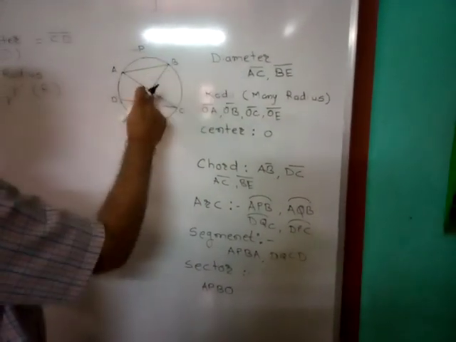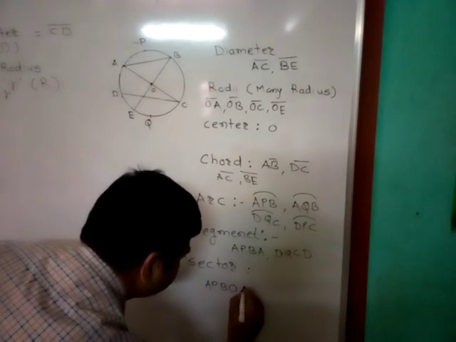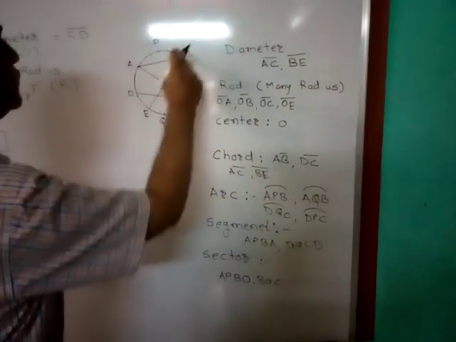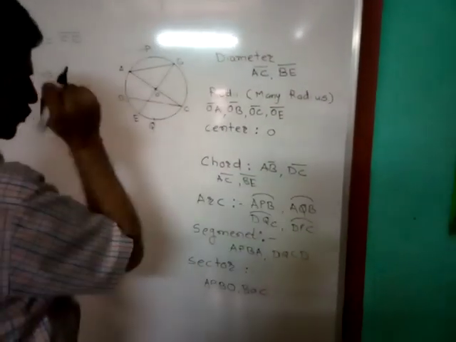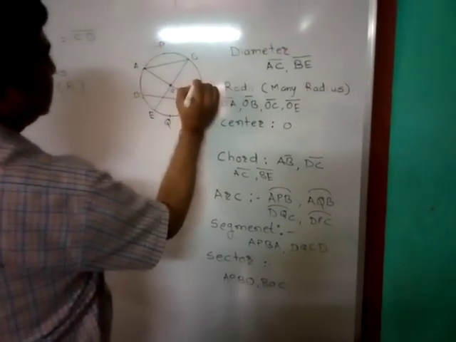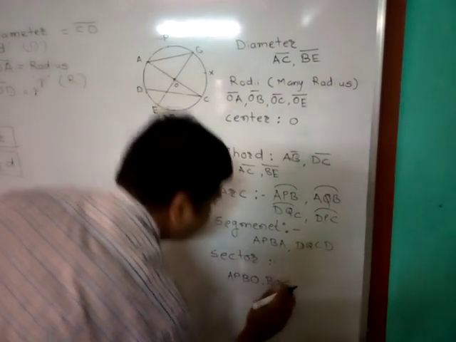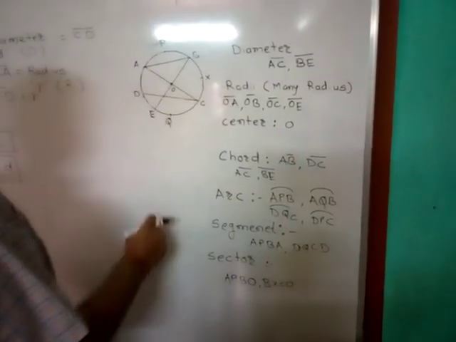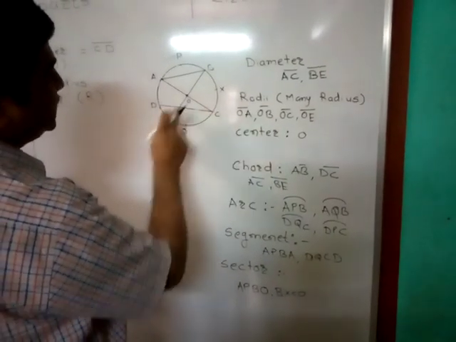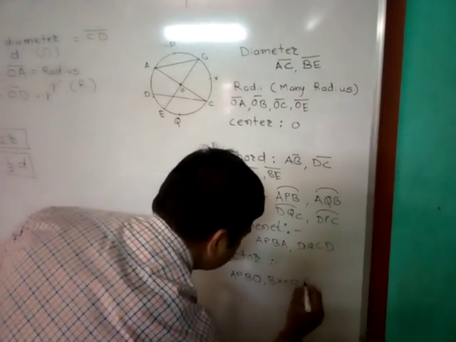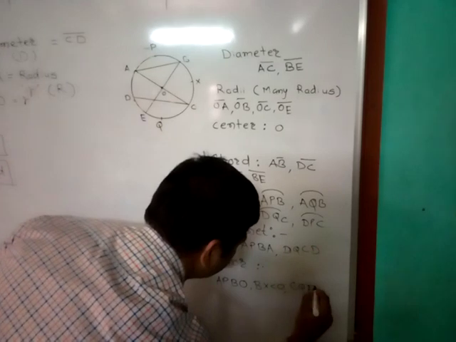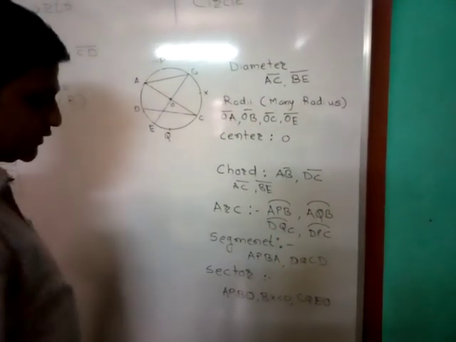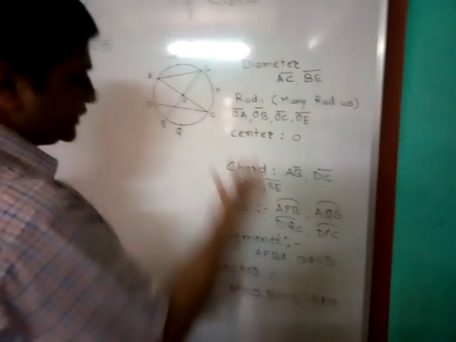Then BOC is another sector, but we should have one more point for locating the sector in between them. So we can give this point as X. So BXCO is one more sector. CQEO is one more sector. We can draw a number of sectors on any circle.